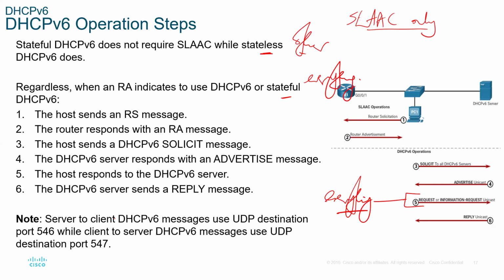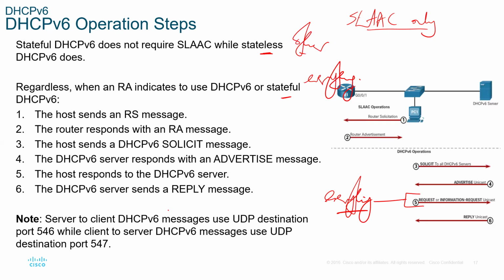Note, server-client DHCP version 6 uses UDP 546 from client to server and 547 from server to client. Right, so I think I can recognize DHCP version 4.